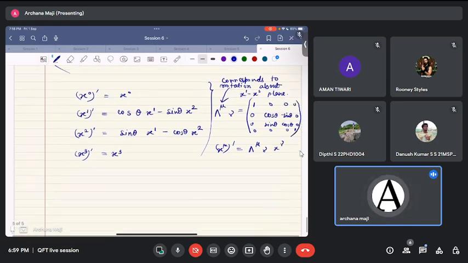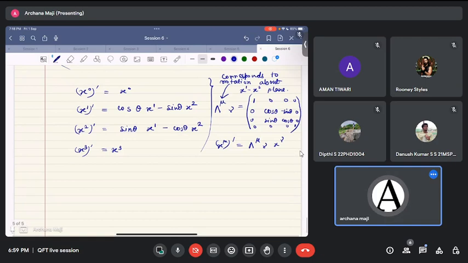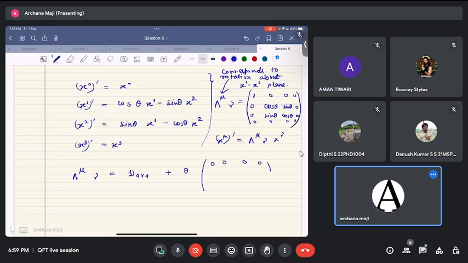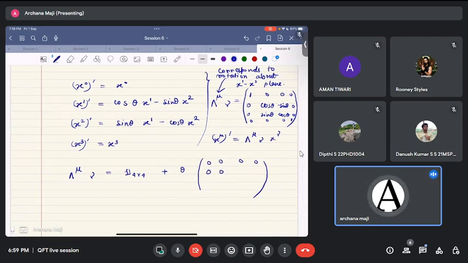Okay, now if your angle theta is, let's say, infinitesimal, then you can Taylor expand again, and what you get is lambda mu nu becomes equal to the 4 by 4 identity plus theta times the matrix 0 0 0 0, 0 0 minus 1 0, 1.